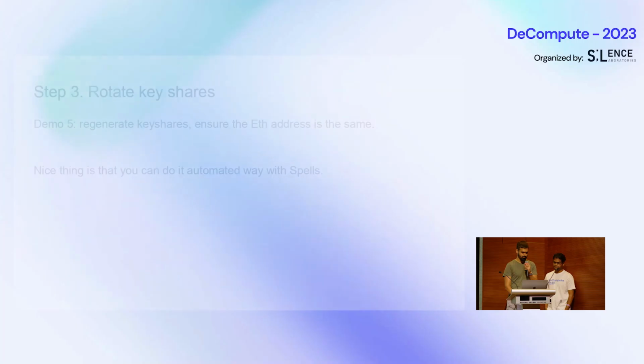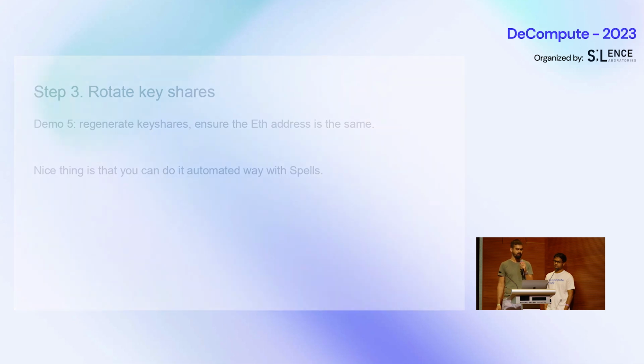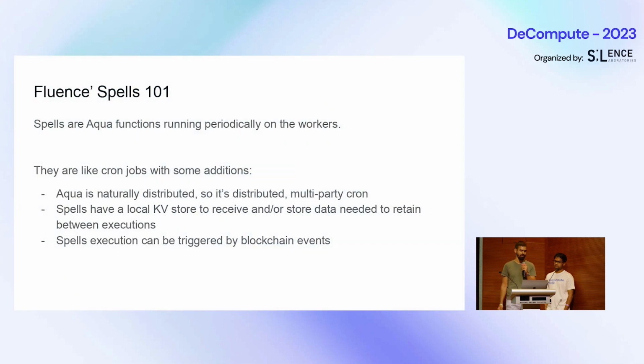So that's pretty nice. And another nice thing is that for rotating the keys, right now I pressed the enter button. I have this Fluence CLI, and I triggered the flow by pushing the button. But you can do it in an automated way with spells. Fluence has a concept of spells. Spells are Aqua functions running periodically on the workers.